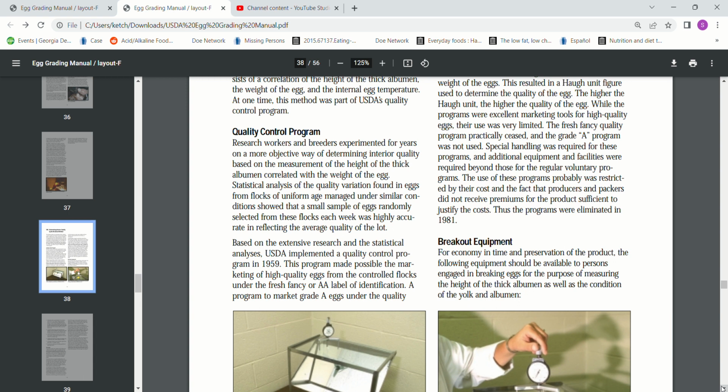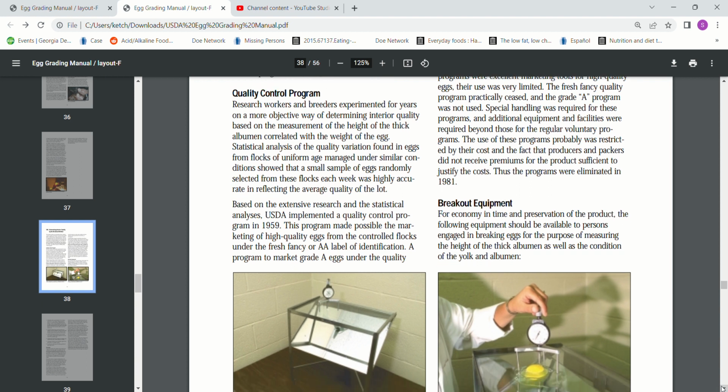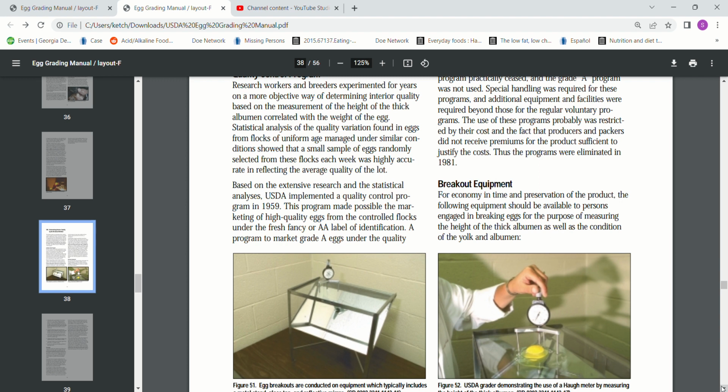While the programs were excellent marketing tools for high-quality eggs, their use was very limited. The Fresh Fancy Quality Program practically ceased, and the Grade A program was not used. Special handling was required for these programs, and additional equipment and facilities were required beyond those for the regular voluntary programs.